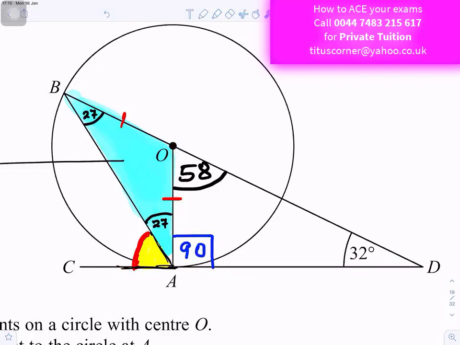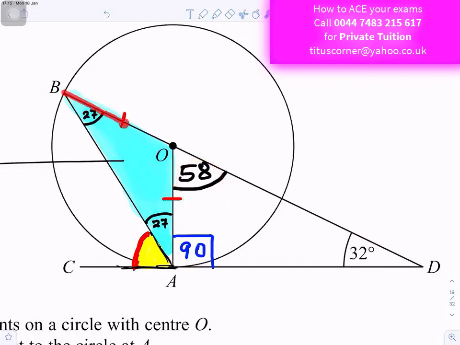So if we know this angle is 90 and this one is 32, this triangle is 180 degrees. Angles in a triangle add up to 180. So 180 minus 90 minus 32 will give us this angle of 58.